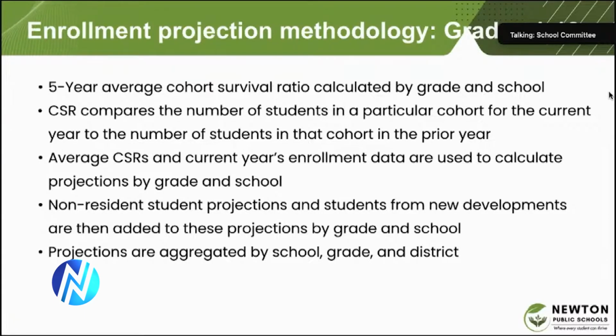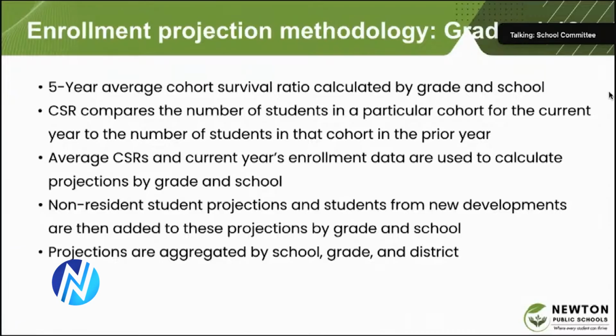So for example, if we're looking at the current second grade at Zervis, we would look at the number of students this fall in grade 2 at Zervis and compare it to the number of students who were in the first grade last year at Zervis to calculate the CSR.